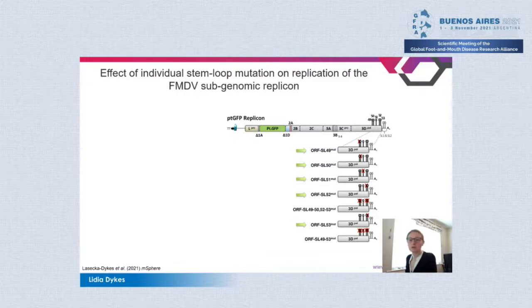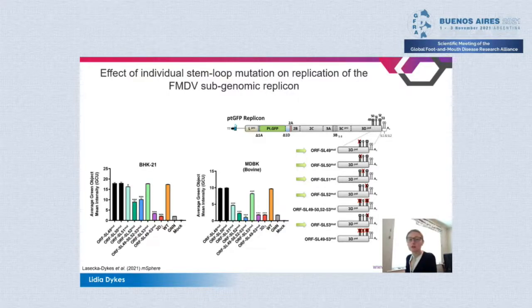Replication of these replicons was again compared to the wild-type and GNN replicon in the 2 cell lines as before. Mutation of SL49 and 50, shown here in black, had no effect on replicon replication, showing a similar replication profile to the wild-type replicon. Replication of SL51 mutant was slightly but significantly reduced in BHK cells and even more reduced in bovine cell line.